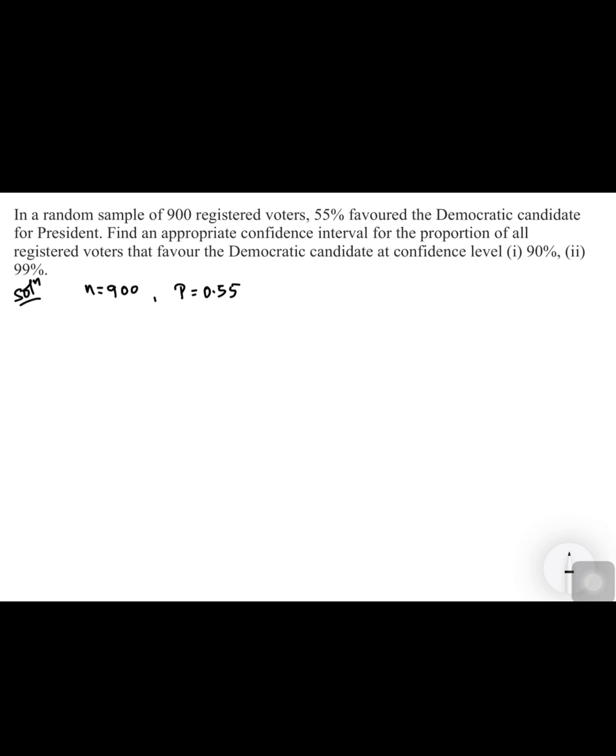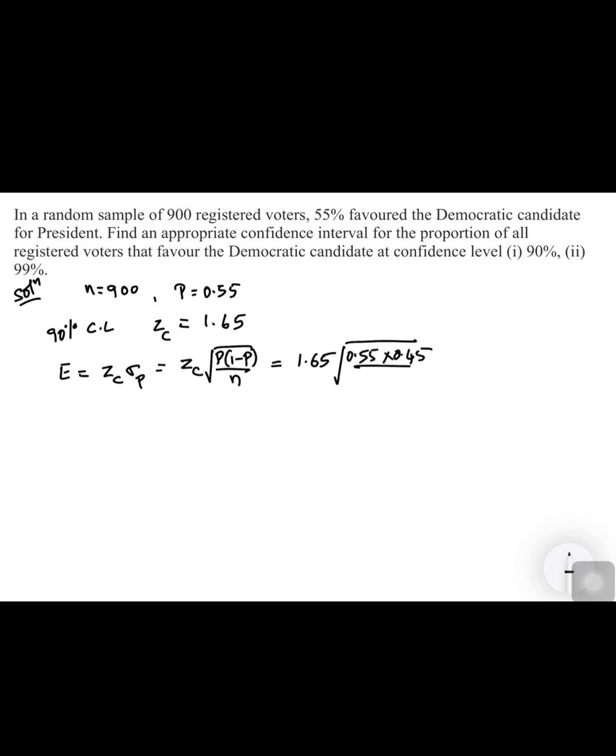And at 90% confidence level, the critical value is given by 1.65. The error is given as zc times sigma P, which is zc times square root of P times 1 minus P over n, which is given as 1.65 square root of 0.55 into 0.45 divided by 900, which gives the value to be equal to 0.03.